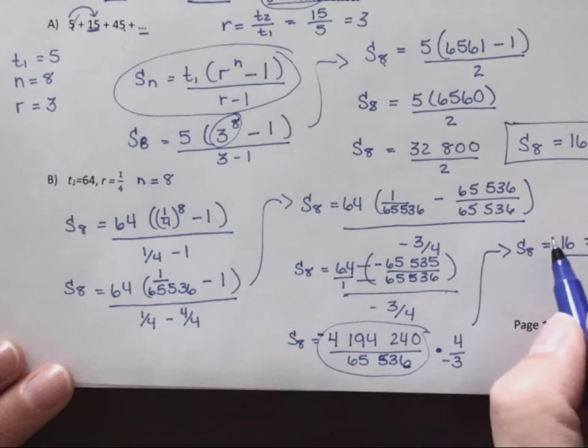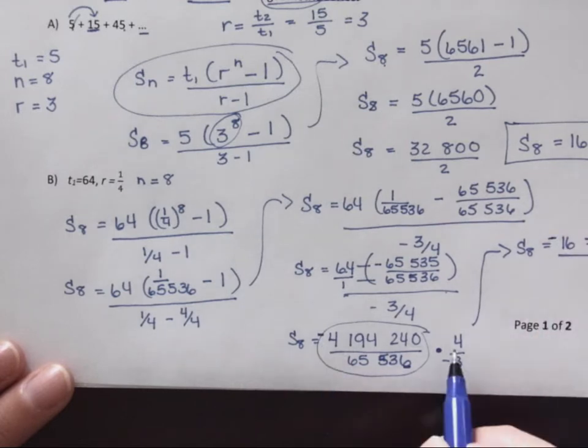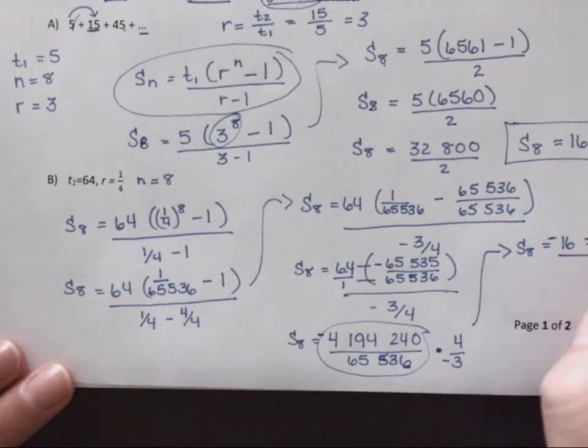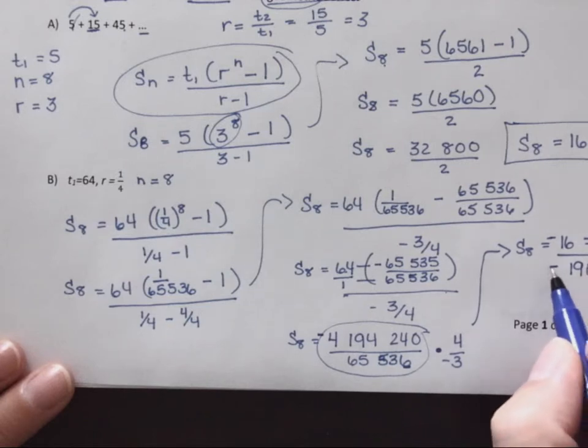And that's a negative because this is a negative and that's a positive. And then I've got 65,536 times 3. That gives me 196,608. Now, that's also a negative.